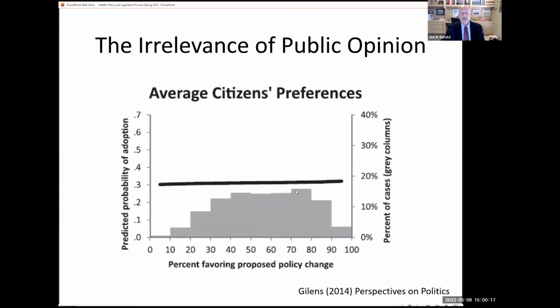Okay, and then here is the very distressing thing about public opinion, right? And so this is just general public opinion polling, with the general public almost all favoring legislation and the general public almost always opposing legislation. And this vertical axis represents how likely it is for the legislation to pass.